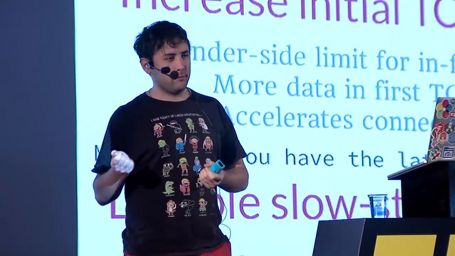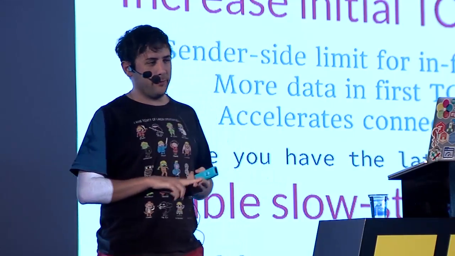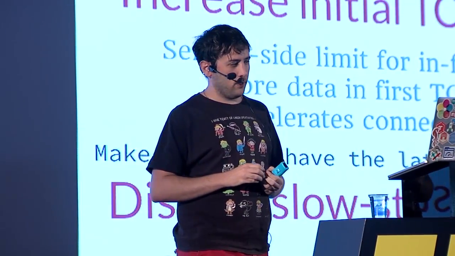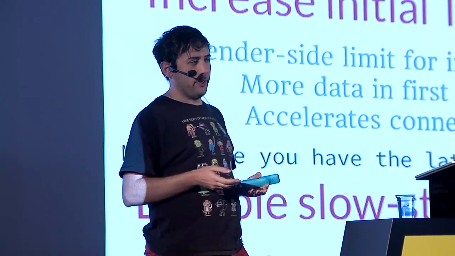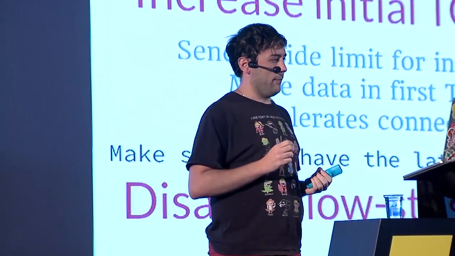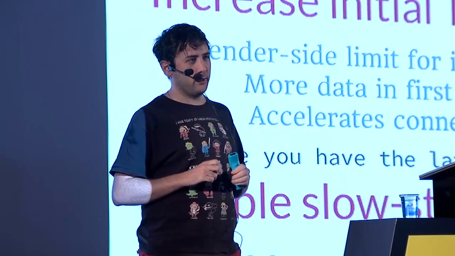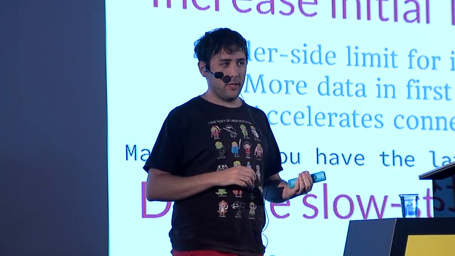So let's talk about TCP. What can we do with TCP? Well, there are two basic improvements that you can do at this level. One of them is make sure you have the latest version of your OS. Probably you should be using Linux. But yeah, that will allow you to increase the throughput of the connection when it first starts.